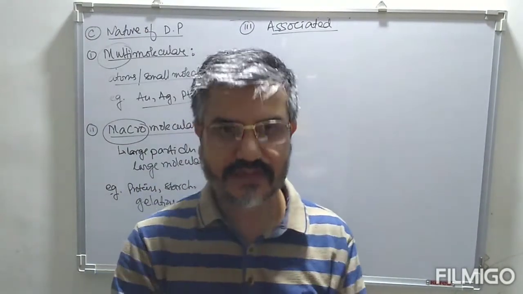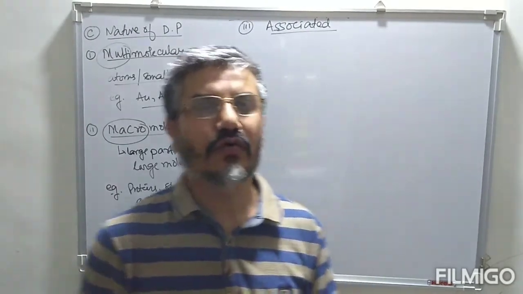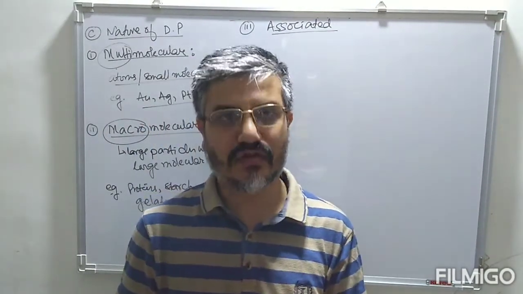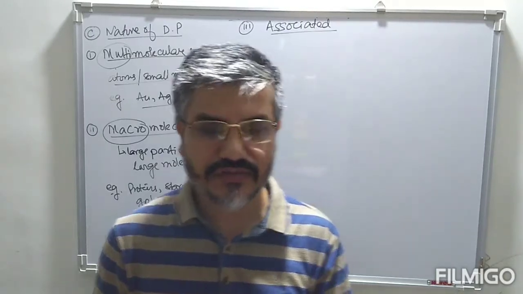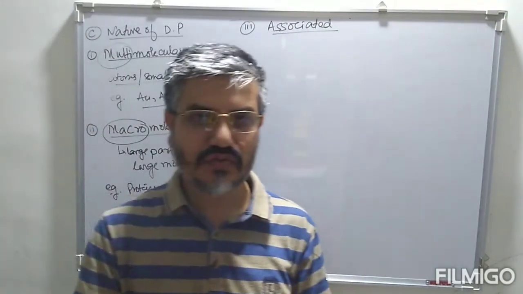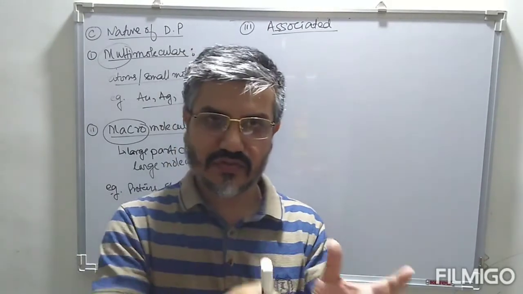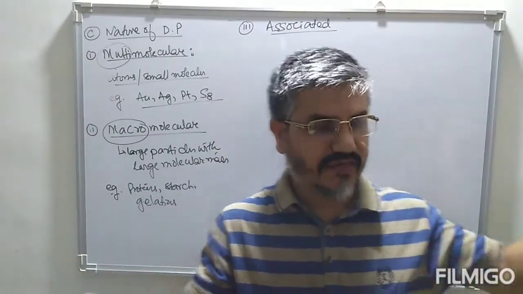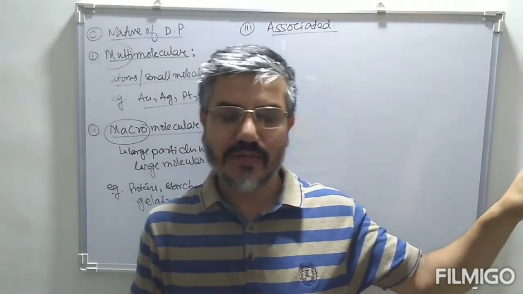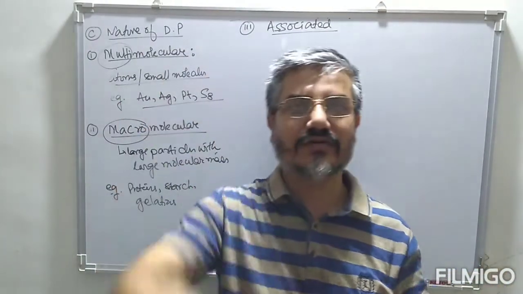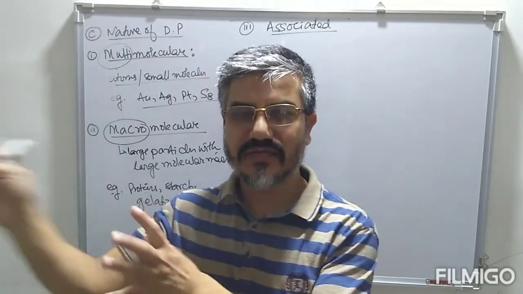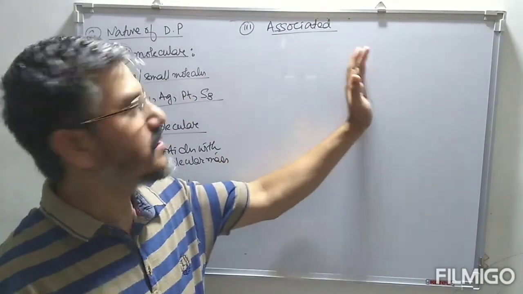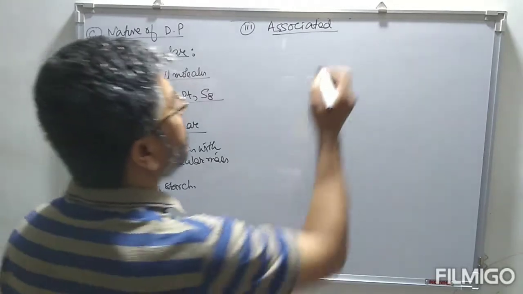So we have a certain substance at very low concentration. They behave as if they are strong electrolytes. But at higher concentration, they do not show electrolytic behavior, but show colloidal property. So we have a substance which at very low concentration behaves as a strong electrolyte. But if the concentration is increased beyond a certain level, the solution behaves like a colloidal solution. Those types of colloidal solutions are known as associated colloids, or simply known as micelles.